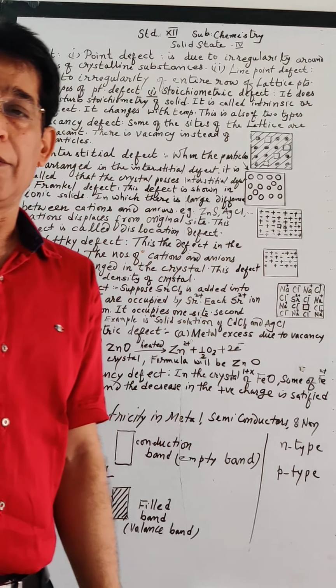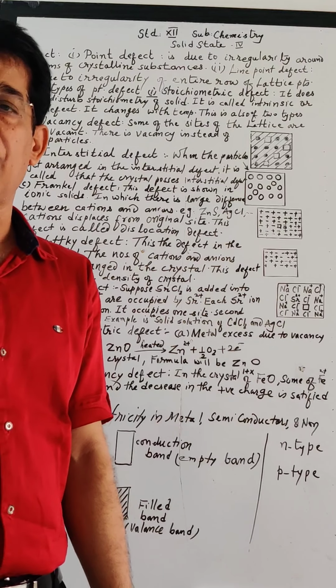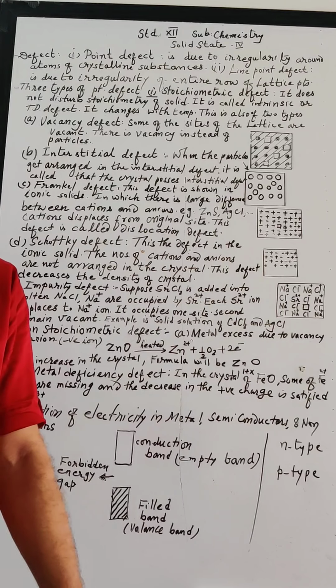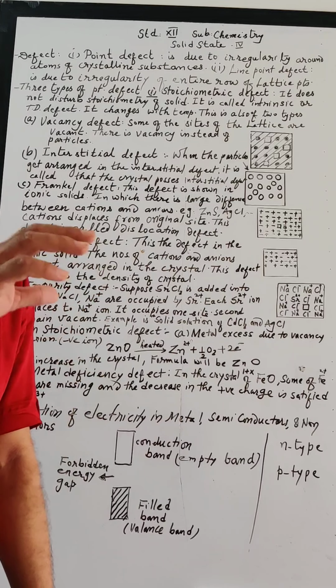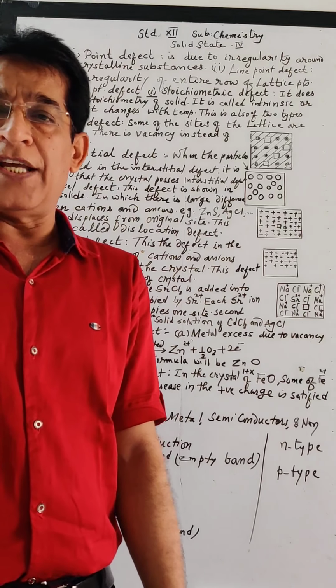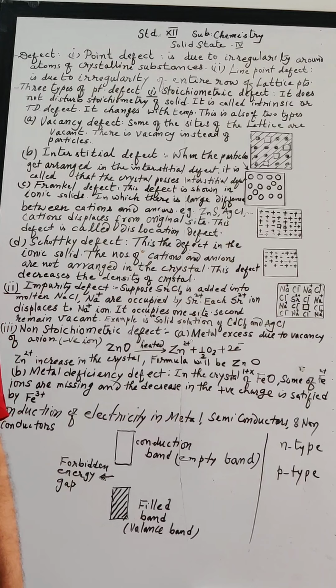Second, the line defect is due to irregularity of the entire row of lattice points. These irregularities are called lattice defects.